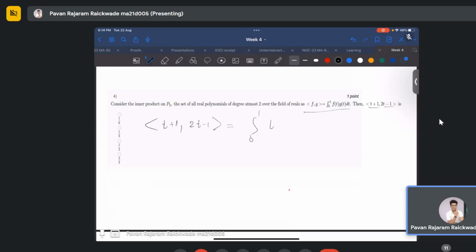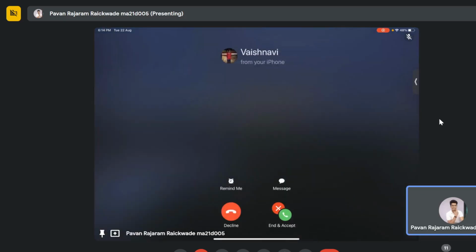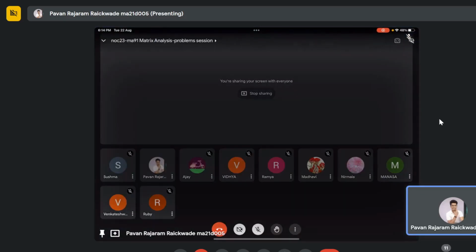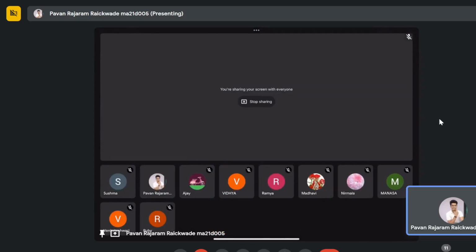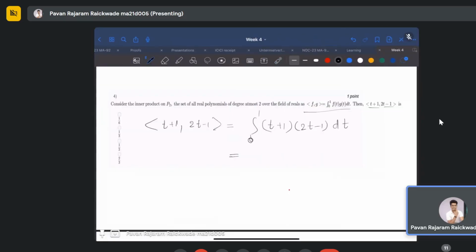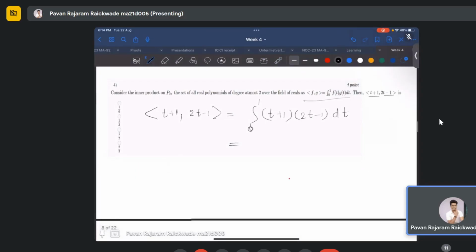Integral 0 to 1 of the product, this is 2t squared minus t plus 2t minus 1 dt.